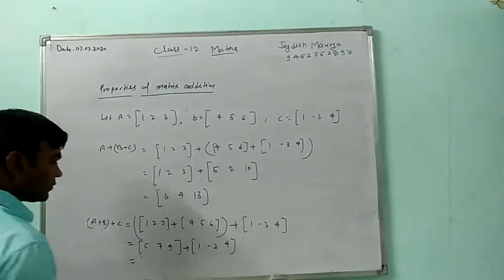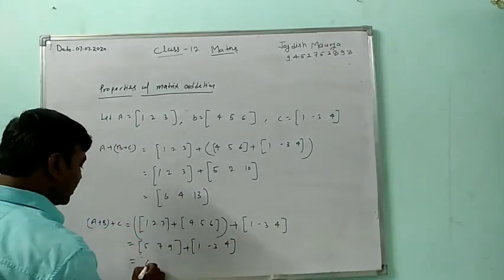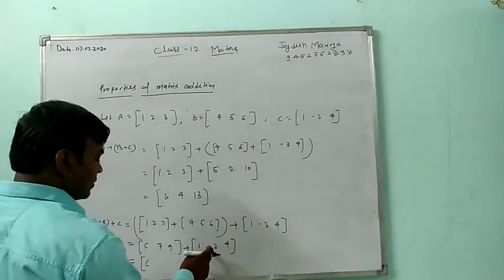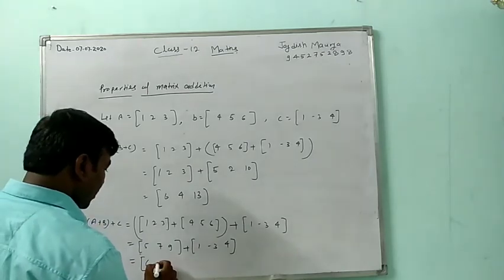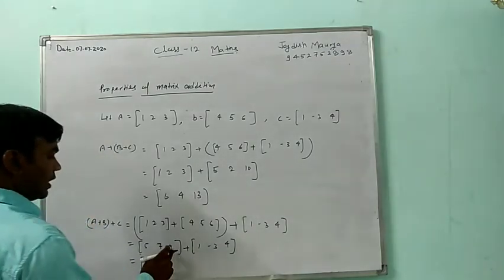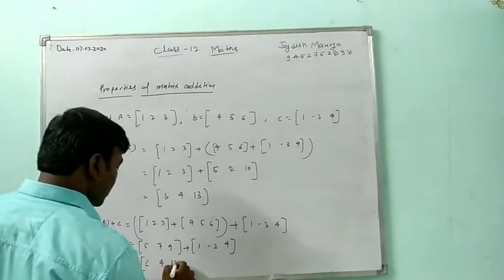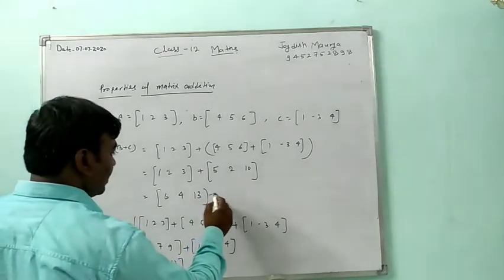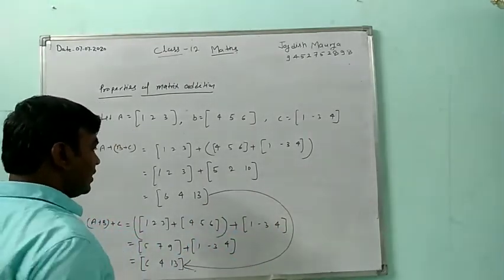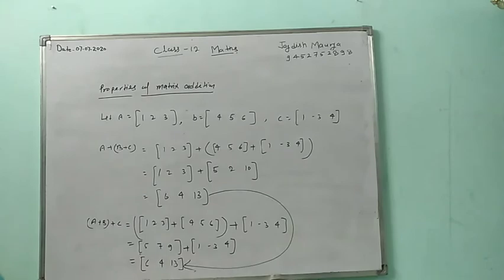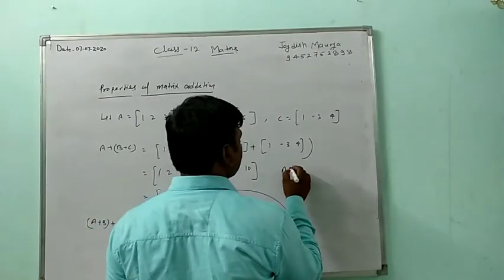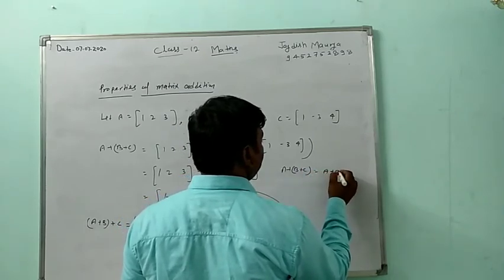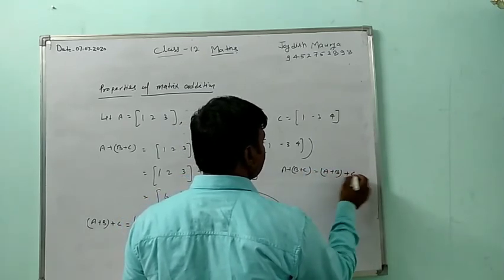This will come 5 plus 1, 6, 7 plus minus 3, 4, 9 plus 4, 13. Here we see that both results are same results. So A plus B plus C equal to A plus B plus C.